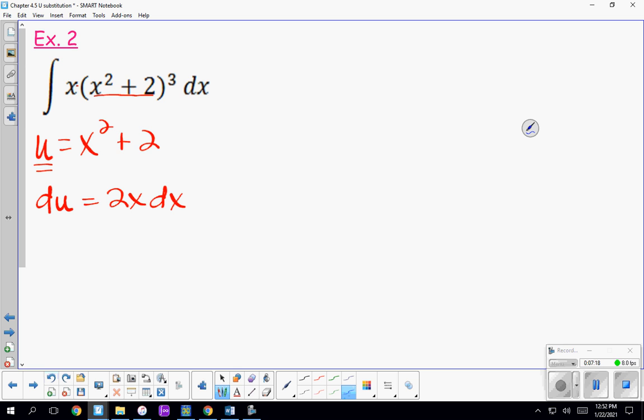So when I go ahead to make my substitution here, this swaps out, u swaps in. So this becomes u to the power of 3, but I still have an x and a dx that I need to replace. So if we notice down here, we have x dx, but we have this 2 that's kind of in our way. Well, this is an equation, and in an equation, I can rearrange it by doing inverse operations.